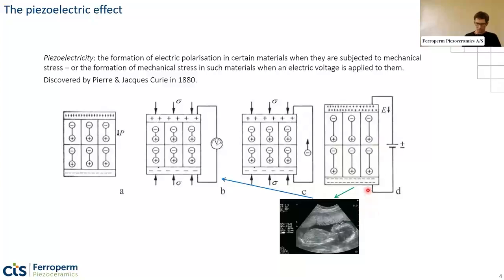So the ultrasonic signal is generated by, again, an AC voltage, but now it's a much higher frequency. It could be 2 megahertz. So it's ultrasound, and then the sound is transmitted through the human body in this case.